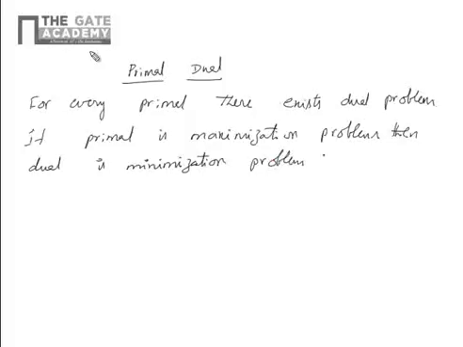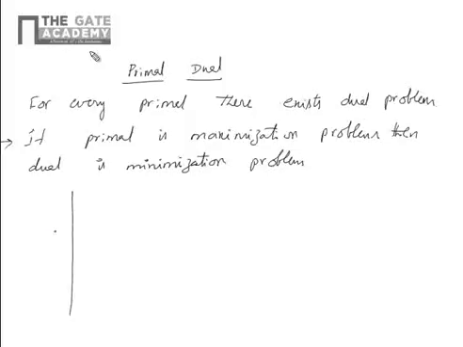So you need to flip things. If the primal contains a less than or equal to constraint, convert it into a greater than or equal to constraint in the dual. Simply everything, the objective function and constraints. We will do one problem, then we can understand.